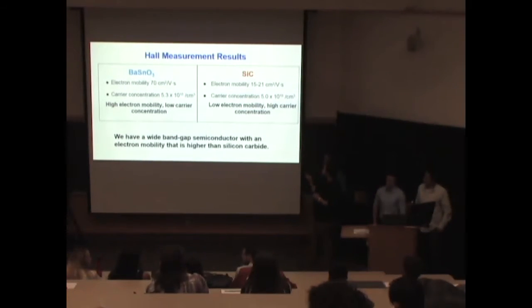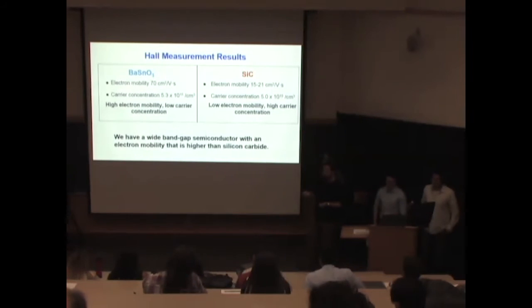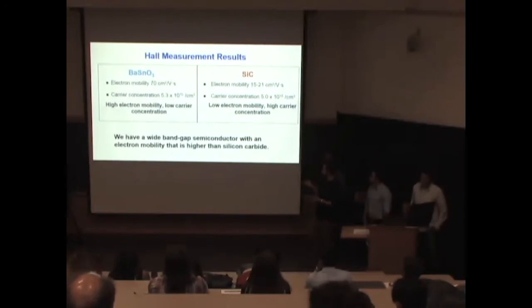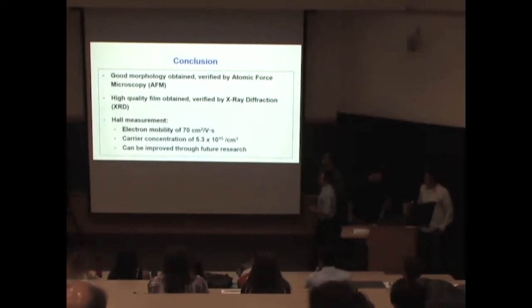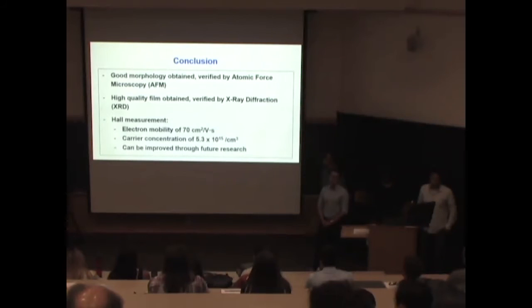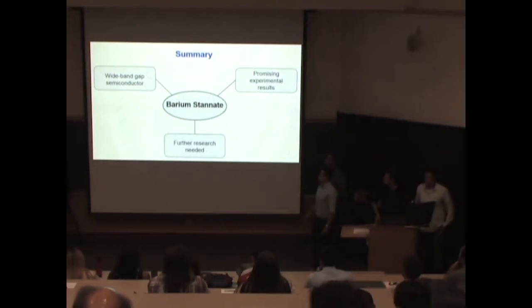So the last analysis technique we used was the Hall measurement. At this point in our research, we know the morphology of our thin film from the atomic force microscopy measurement that we took. We know the thin film's orientation and that it's good quality from the XRD measurement that we took. But now we want to know about its electronic properties, and so we take advantage of the Hall effect for that.